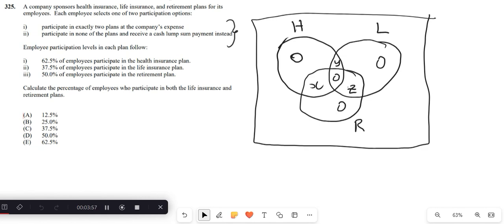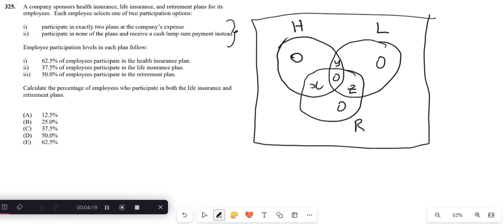Now they want us to calculate the percentage of employees who participate in both the life insurance and retirement plans. So we pretty much just need to find out what Z is.